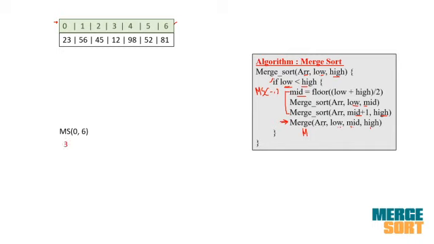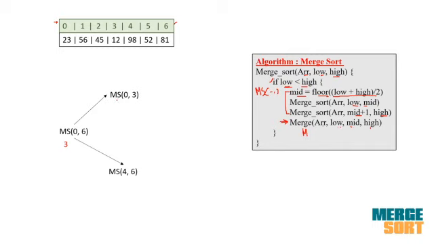And here the floor function makes sure that whatever be the value, only the integer is returned, and anything after the decimal point is ignored. So MS 0,6 will have the midpoint of 3, and a merge sort will be called on 0 to mid, that is from 0 to 3, and mid plus 1, that is from 4 to 6.